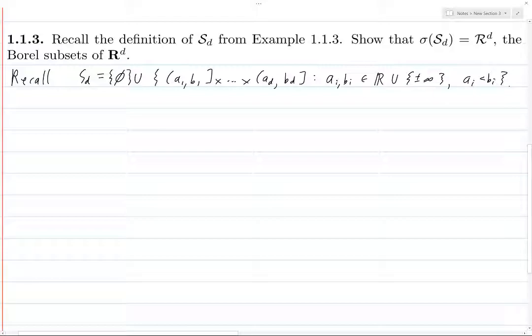So, what else do we have? We want to show that the sigma field generated by S_D is the collection of Borel subsets of R^D.